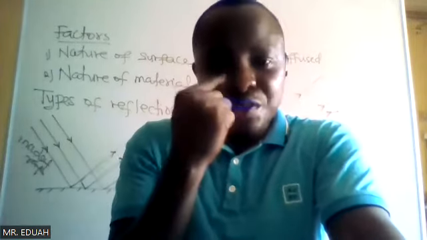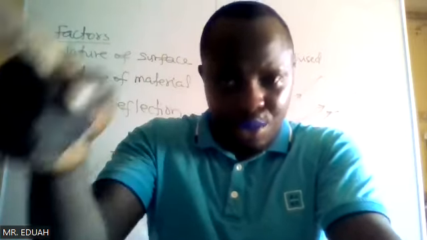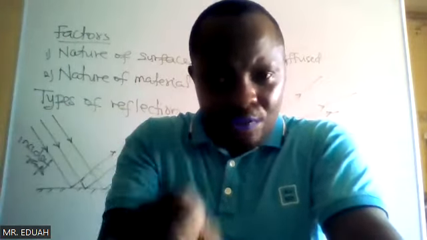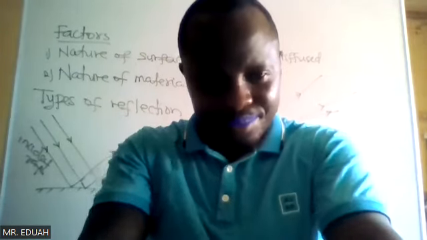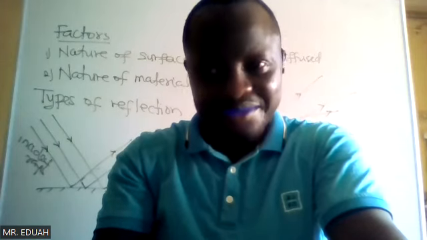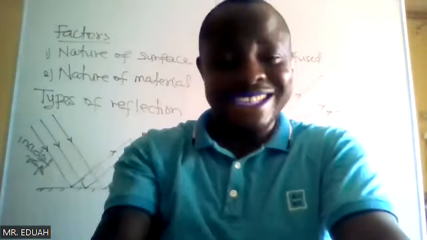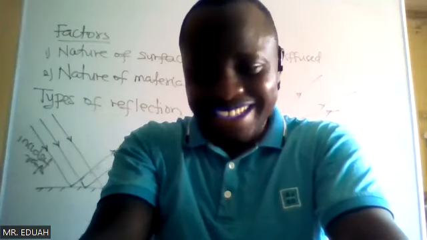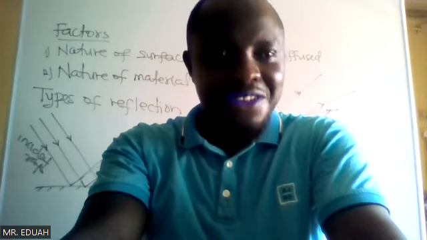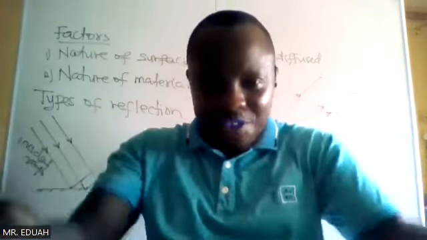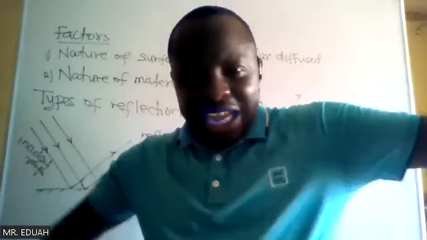So whenever you see yourself in the mirror, what is the characteristic of the image of you formed in the mirror? Give me one. I am laterally inverted. What does it mean? My left becomes my right, and my right becomes my left. So the image in the mirror looks turned laterally, horizontally.